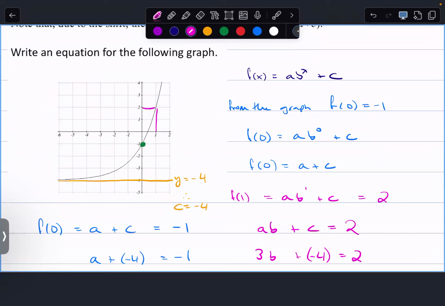We use this one, or maybe I should use the same color. This one here, we use this one here, and in orange, we found the horizontal asymptote just by looking at it. Any questions about that one?